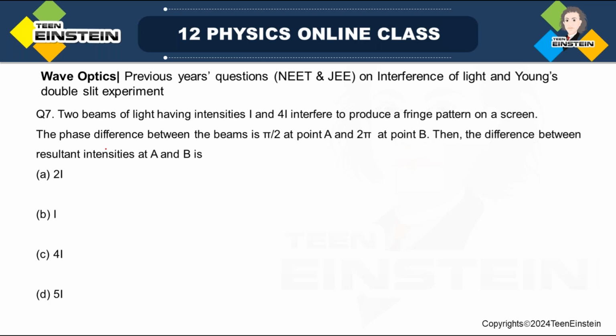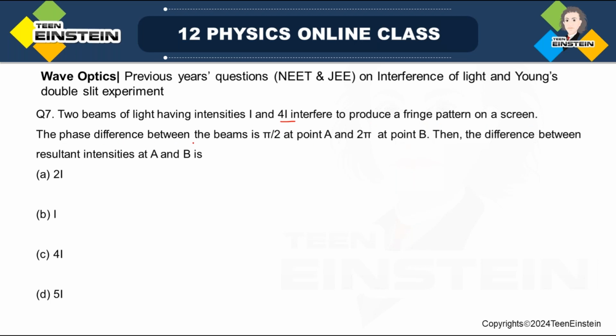So this problem says two beams of light having intensities I1 and 4I2 are interfering to produce a fringe pattern on a screen.